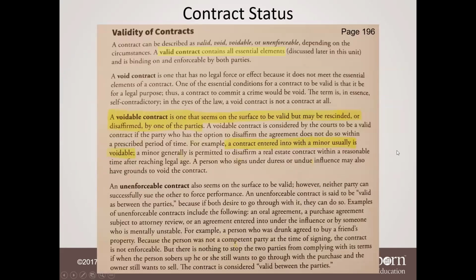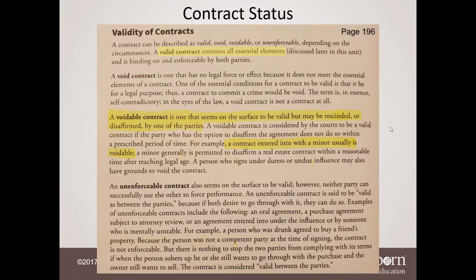Validity of contract, pertaining to contracts being valid. A valid contract is one that contains all of the essential elements of a contract. What are all the essential elements of a contract? Competent parties, offer and acceptance, consideration, and legality of object.